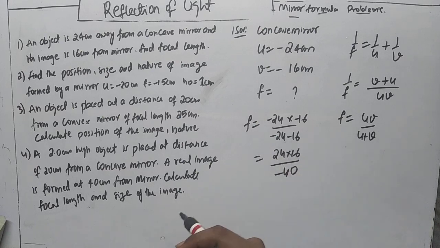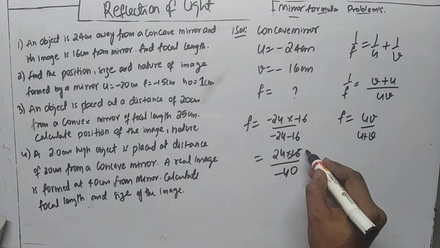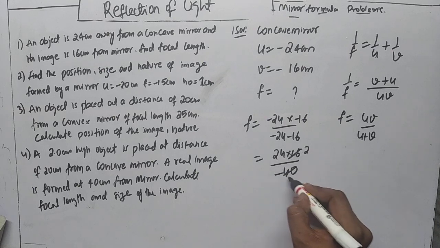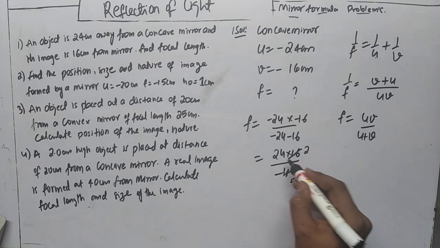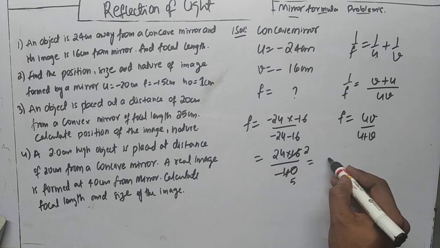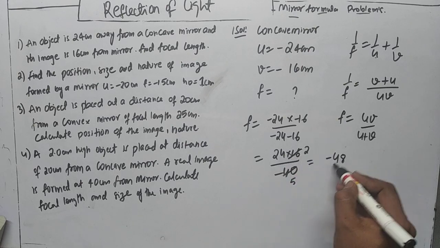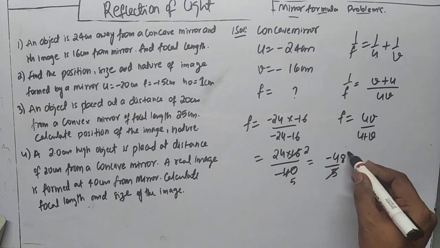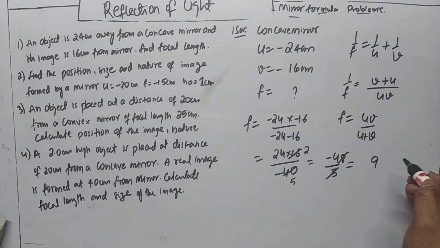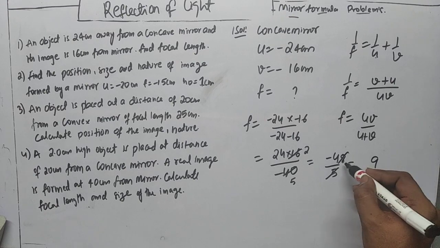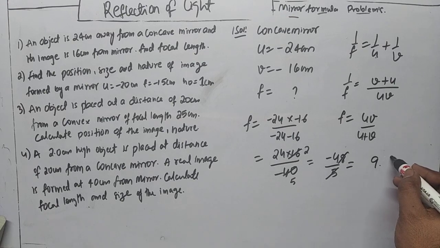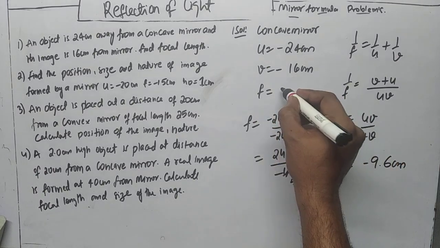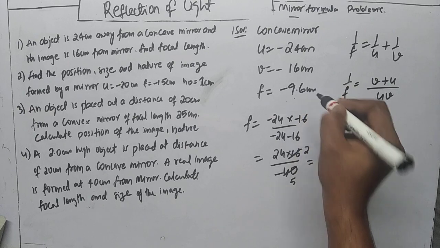We can cancel with the 8 table: 8 5s are 40, and 24 by 8 gives 3, 16 by 8 gives 2. So minus 48 by 5, and dividing gives minus 9.6. So we got the f value as minus 9.6 centimeter.